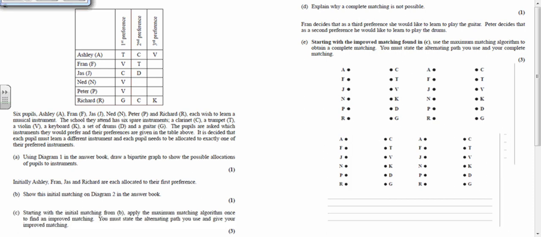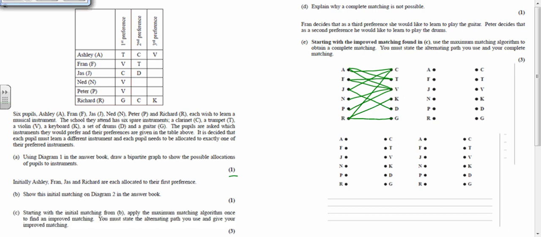So we know that Ashley can do T, C, and V. Fran can do V and T. Jas can do C and D. Ned can just do V. Peter can just do V. Richard can do G, C, and K. So that's your first mark.